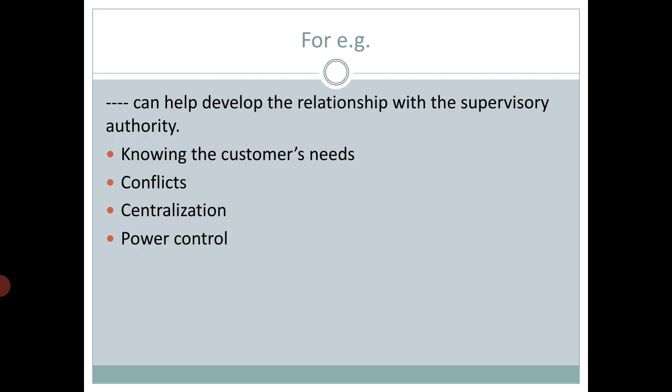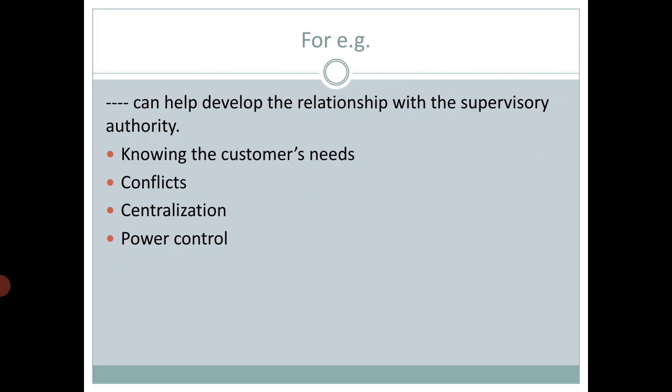Here also you need to know all the options. If you are unclear about the options, it can misguide you and distract you from the right answer. See which is the correct option. If you have power control, centralization, or conflicts, can you develop the relationship?